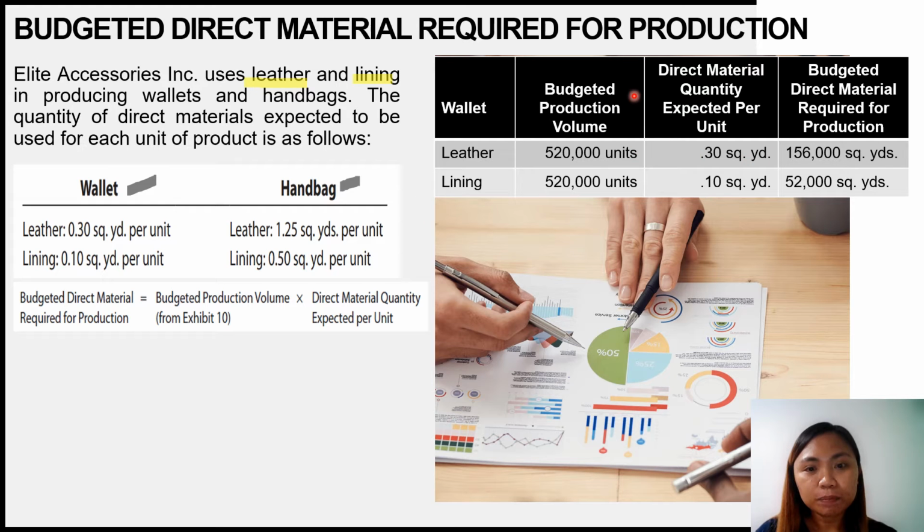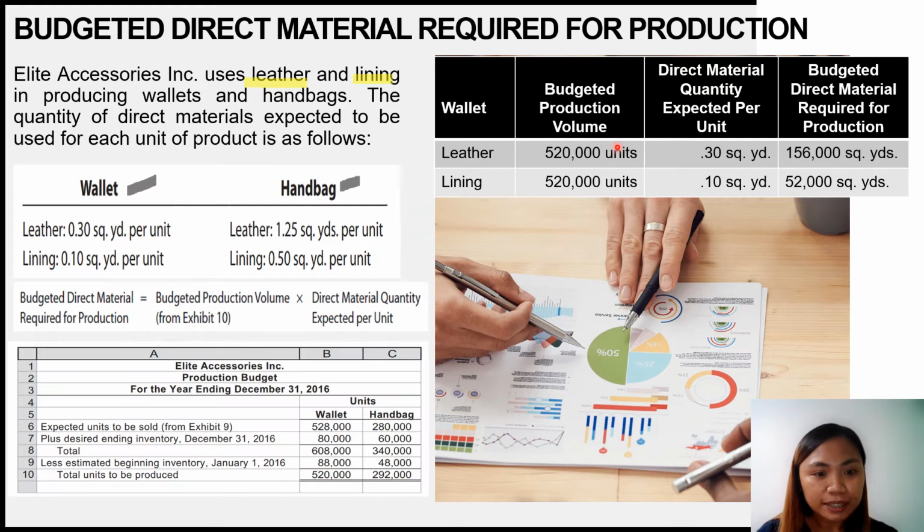The budgeted production volume is taken from the previously computed production volume of 520,000 units. For the lining, 520,000 units times 0.10 square yard per unit would be equal to 52,000 square yards. This means that 52,000 square yards of lining is needed to produce 520,000 units of wallet.